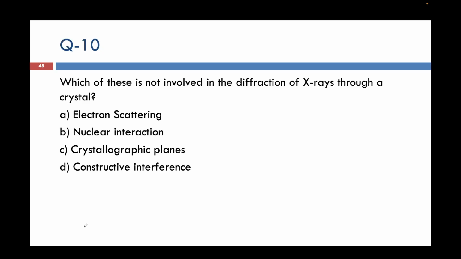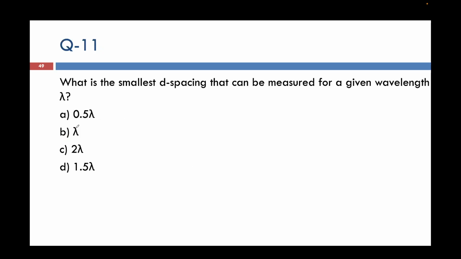So electron scattering, nuclear interaction, crystallographic planes, constructive interference: nuclear interaction is the one not involved.